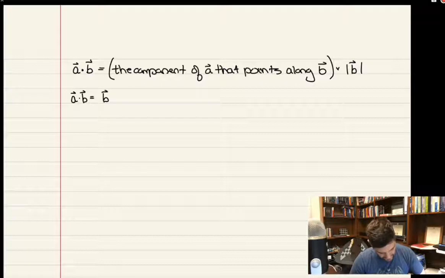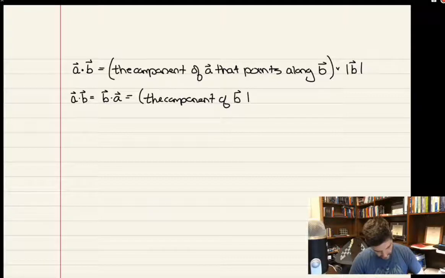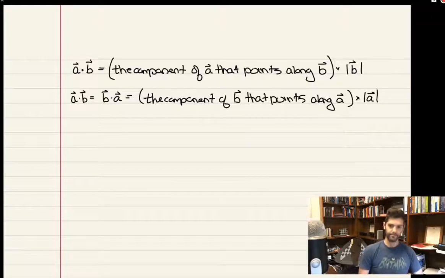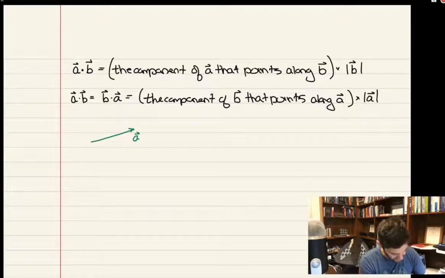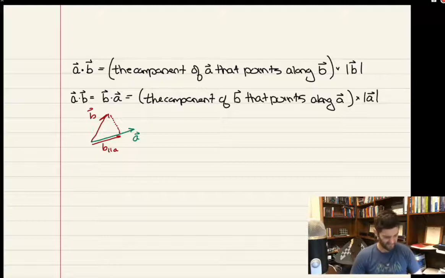Since A dot B is the same as B dot A, this is also the same thing as the component of B that points along A, multiplied by the magnitude of A. So for two vectors, A and B, so here's vector A, here's vector B, there is some component here where B kind of points, I might call this B parallel to A, which if we knew this angle would of course be the magnitude of B times cosine of theta.